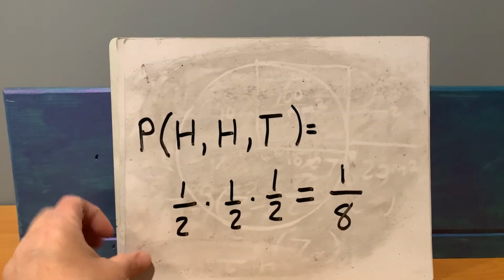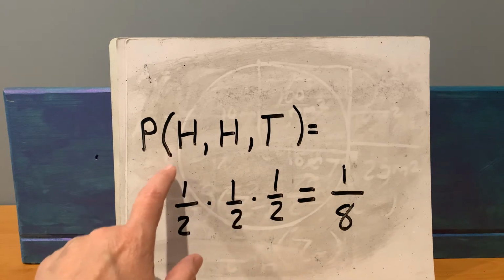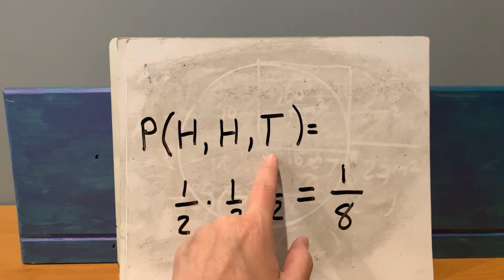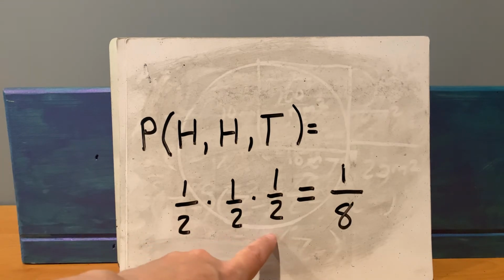So the probability of flipping heads, tails, heads: the probability of heads is 1/2, the probability of tails is 1/2, and the probability of heads is 1/2. So the probability is the product of 1/2, 1/2, 1/2, which equals 1/8. So let's do another one.